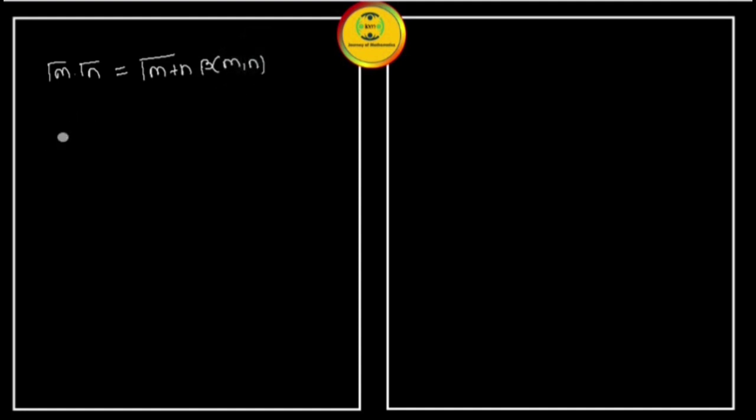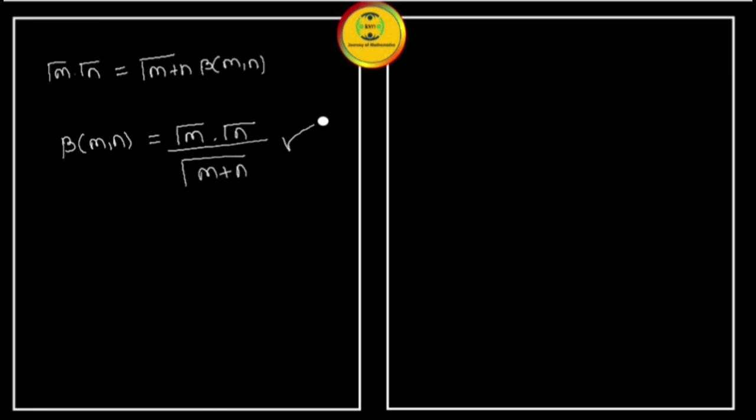Now I can rewrite this as beta of m comma n is equal to gamma of m into gamma of n divided by gamma of m plus n. So this is how we can prove the relation between beta and gamma function.